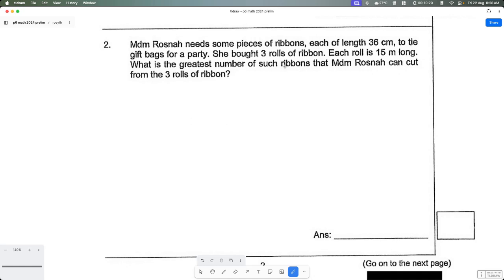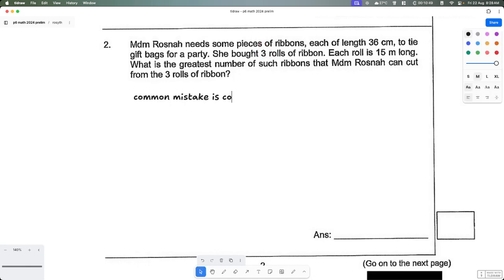A common mistake is to multiply by 3 rolls, but you need to only have one roll divided by the 36. The common mistake is to combine all 3 rolls into one.